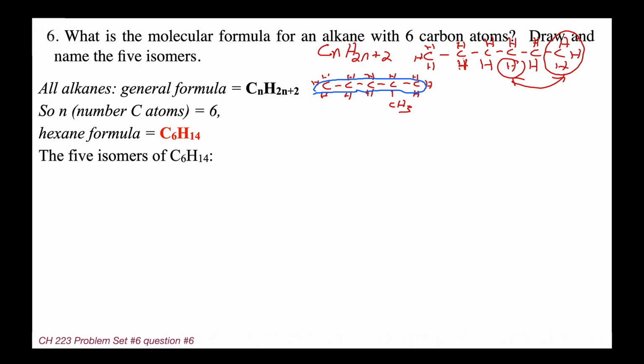And like I said in lecture, I recommend that you count from left to right, which is what I've done right there. And I recommend that you count right to left. So 1, 2, 3, 4, 5. Now, I'm doing that because if you use the left to right number, it would be a 4-methylpentane.